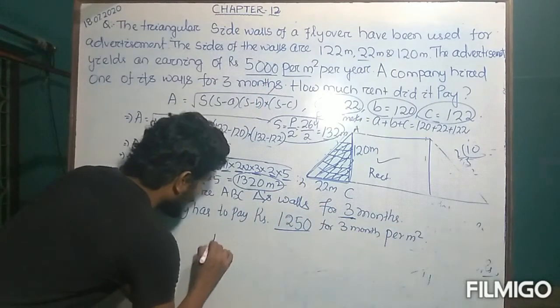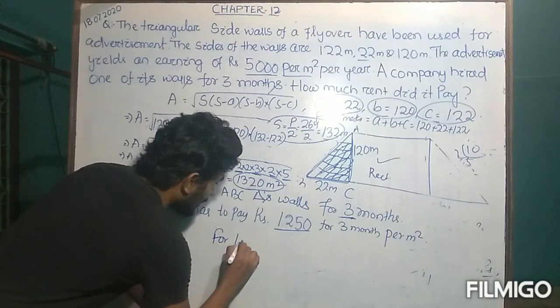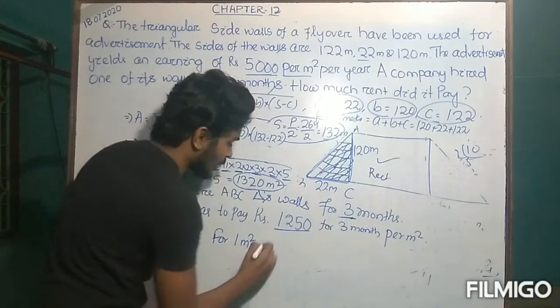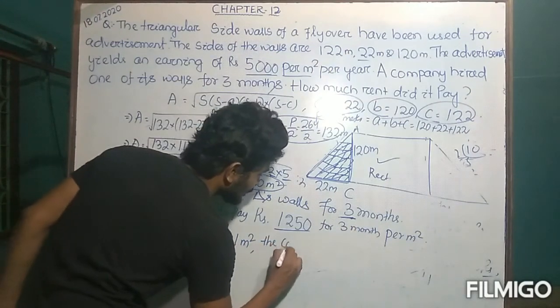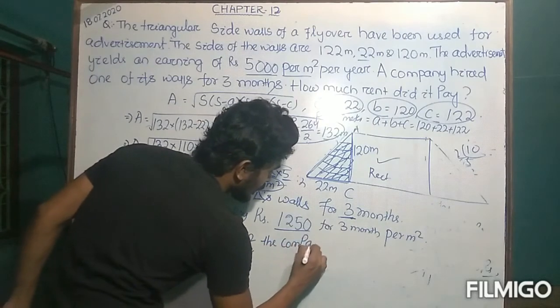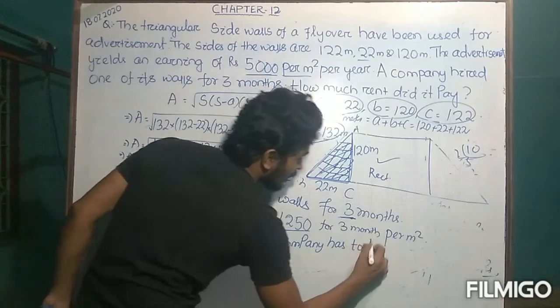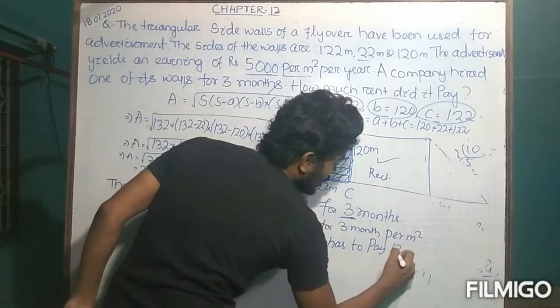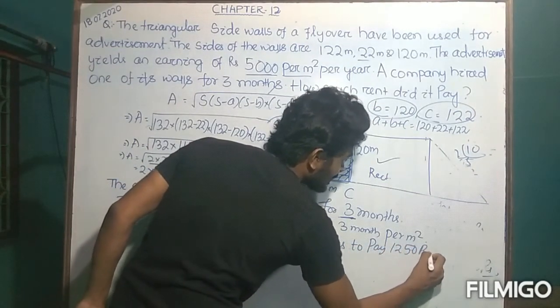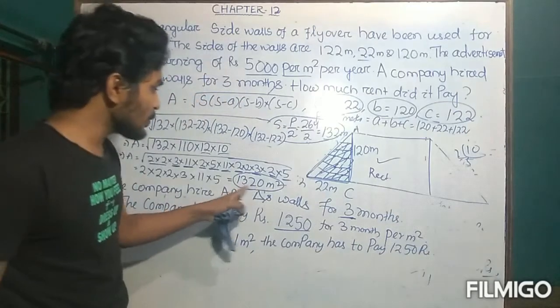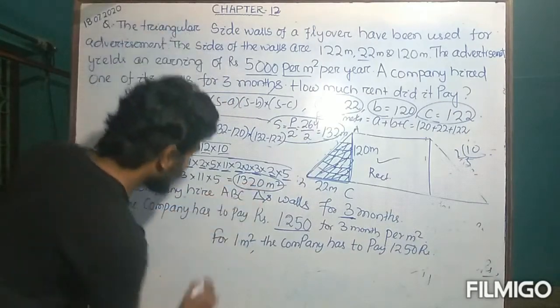Clear? So you can write for 1 meter square the company has to pay 1250 rupees, but the company has to use this area.